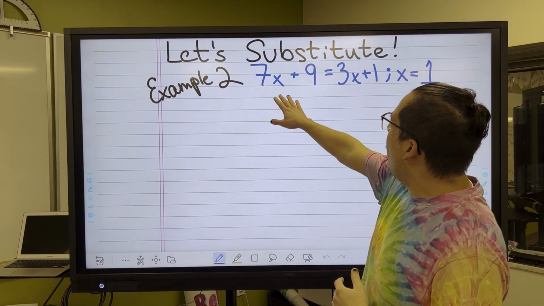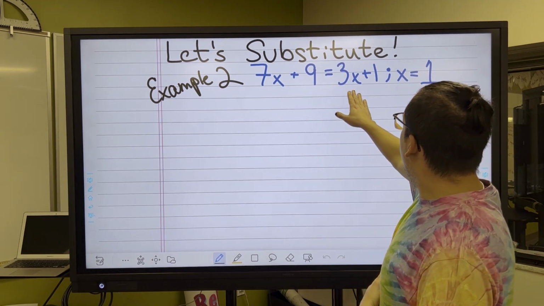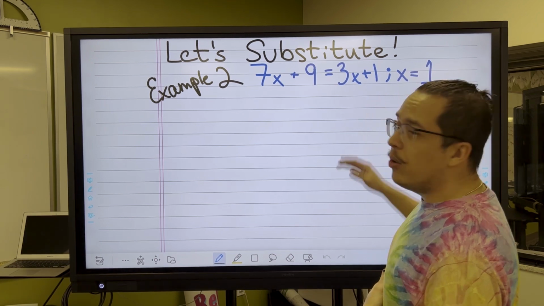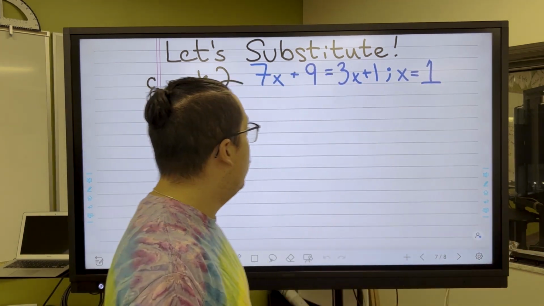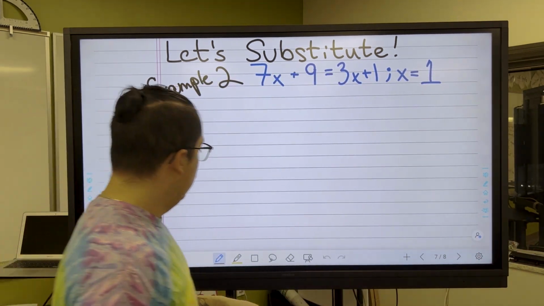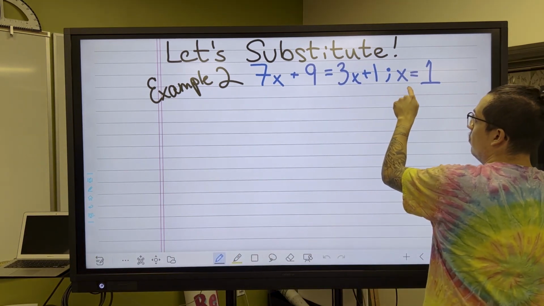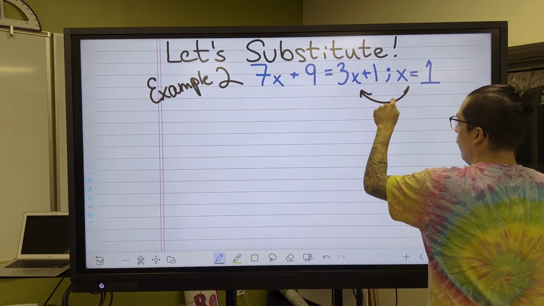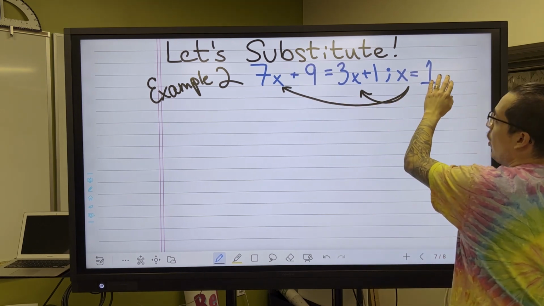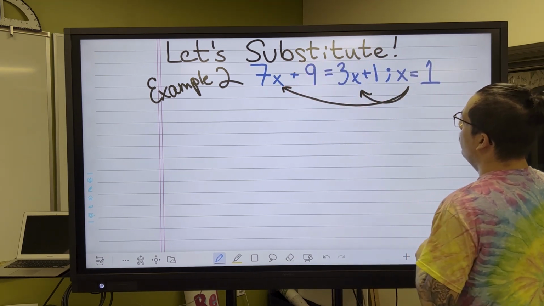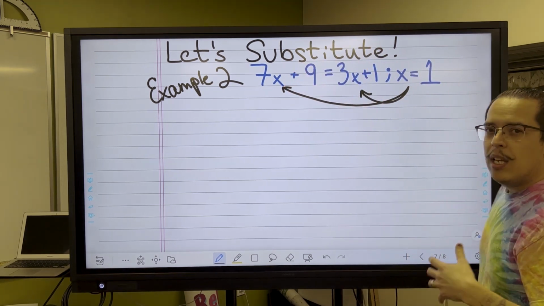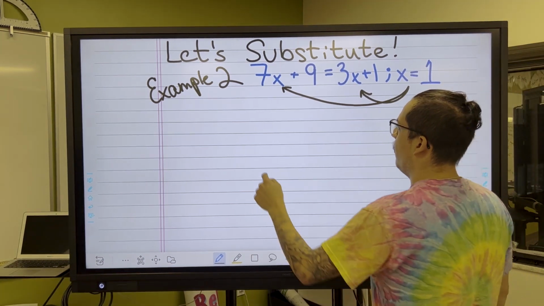Example 2, 7x plus 9 equals 3x plus 1, and we know that x equals 1. So, in order to substitute, everywhere we see an x in our other equation, we're going to replace it with 1 because we know x equals 1.